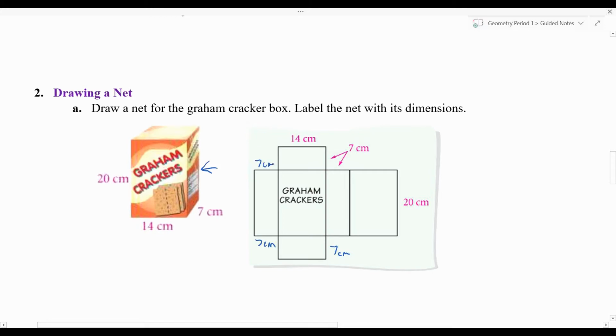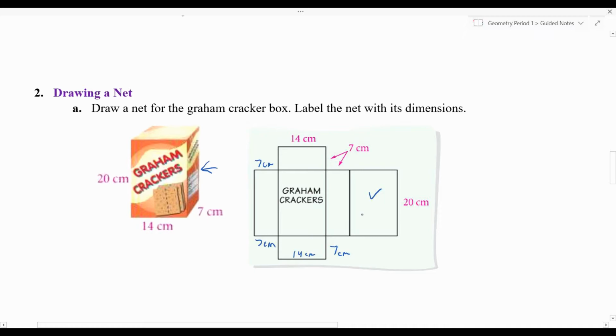All right. So then that's this length over here. If this is 14 centimeters, this is 14 centimeters. And the graham cracker box has the front face right here where the branding is, and that face has another one just like it in size, which is this one right here.